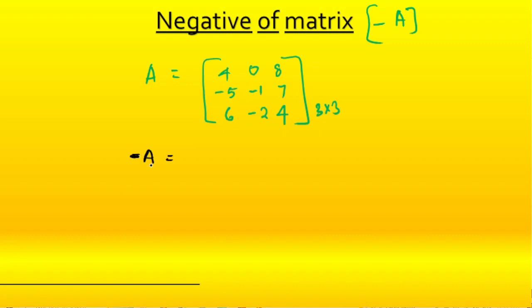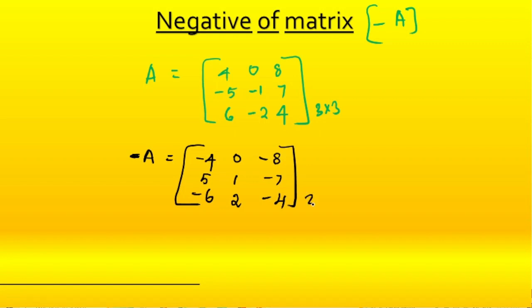So you know the A matrix, so you have to change the sign of each and every element in your negative of A matrix. So 4 will become minus 4, minus 5 will become 5, 6 will become minus 6, 0 is 0, then minus 1 will become plus 1, minus 2 plus 2, minus 8, minus 7, minus 4. And it remains a 3 by 3 matrix.